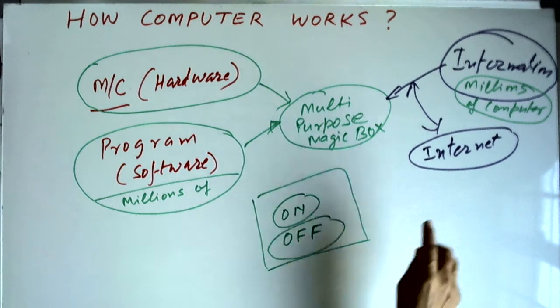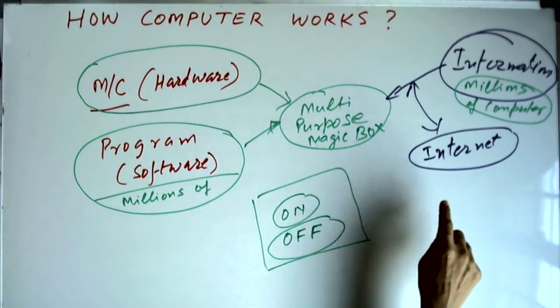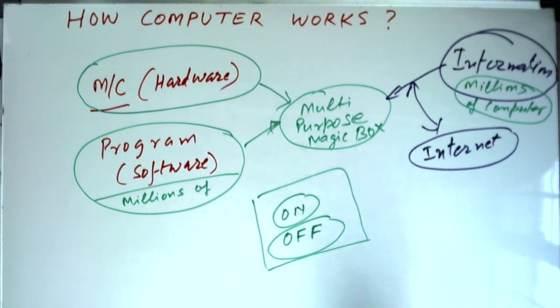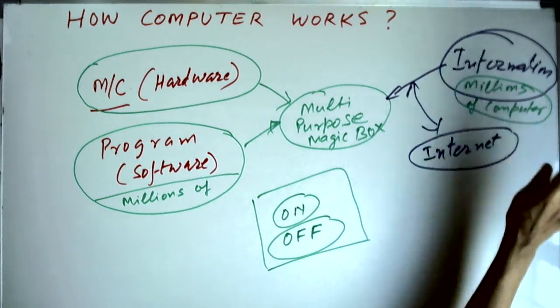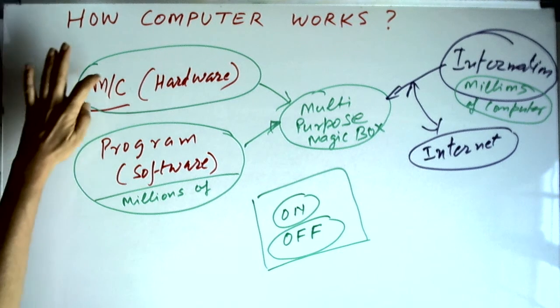Then you get an internet connection from companies like MTNL, BSNL, Reliance, Airtel, etc. And this internet will make you connect with the other computers. The other computers may offer the information free of charge, or they may price their information. So that again depends upon the policy of this particular provider. Similarly, the programmer, whosoever has written it, may make the program available free of charge, or may charge for it. But to get started, you need the machine first.